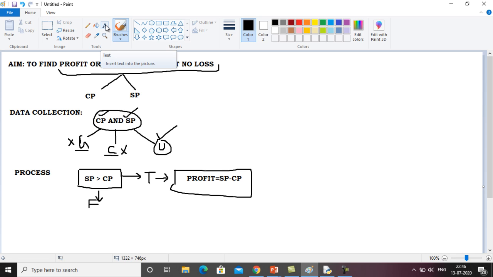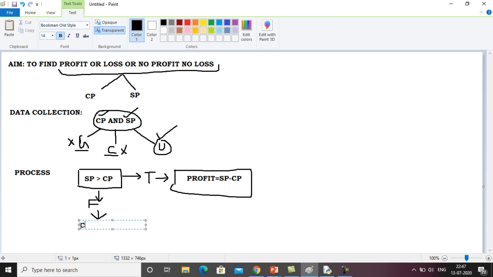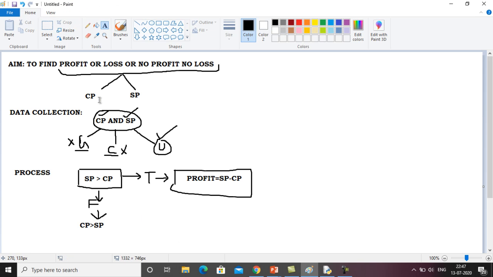Then we can't say that you are getting a loss, because we have to check one more situation over here, and that situation is whether the value of cost price is greater than the selling price. When we check this second condition, there may be two possibilities.